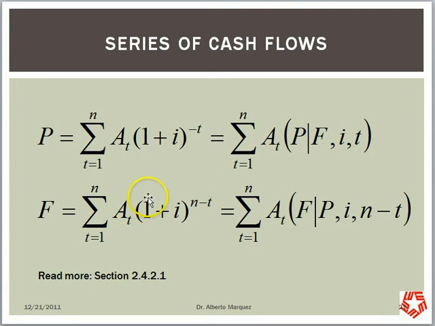Now this would be cumbersome, or tedious, if we have a very large N. That is, we would need to compute this several times for each one of these cash flows, and it would be time consuming. So what we would like to do is use a formula that relates these, including the summation. Fortunately, we have those formulas.